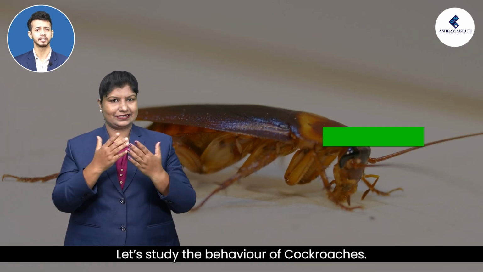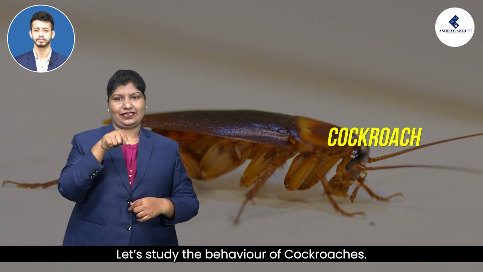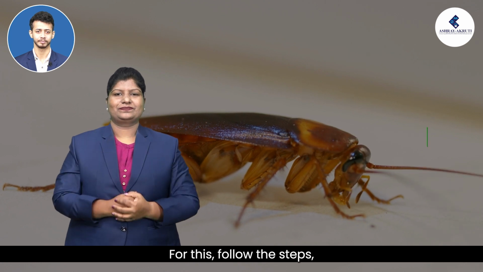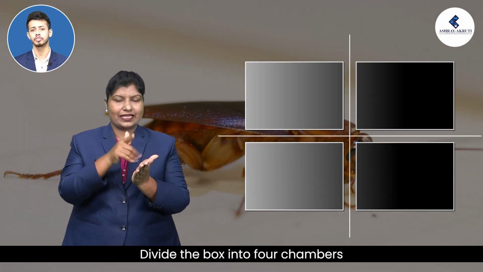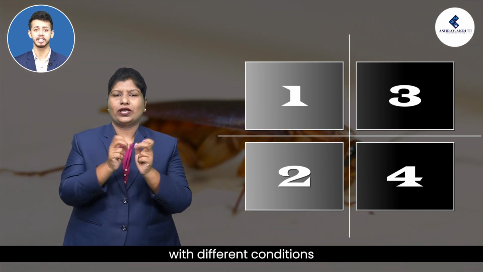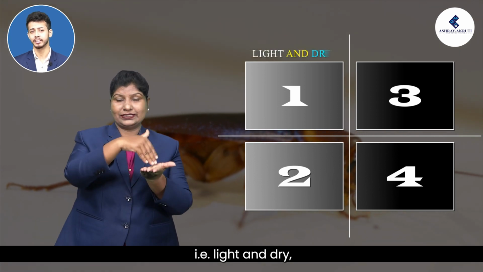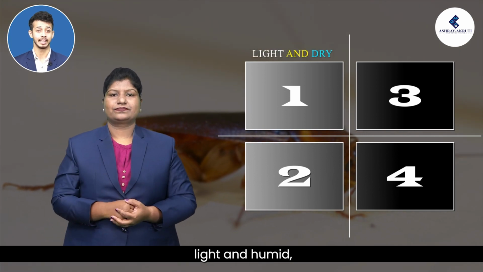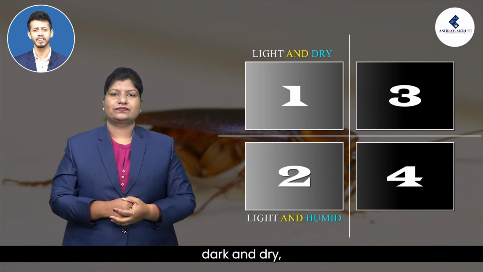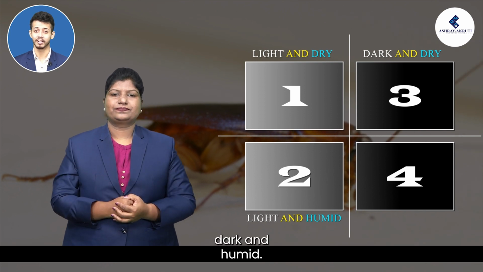Let's study the behavior of cockroaches. For this, follow the steps. Divide the box into 4 chambers with different conditions, that is, light and dry, light and humid, dark and dry, dark and humid.